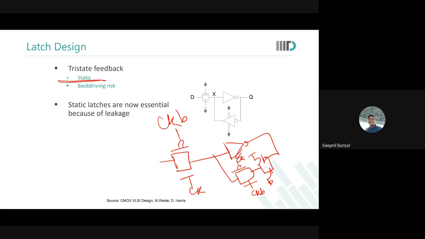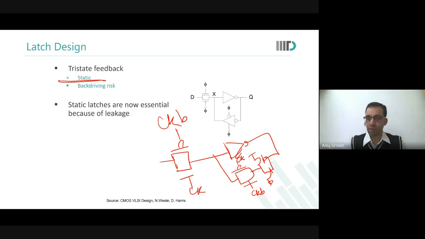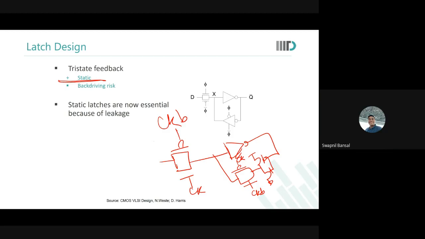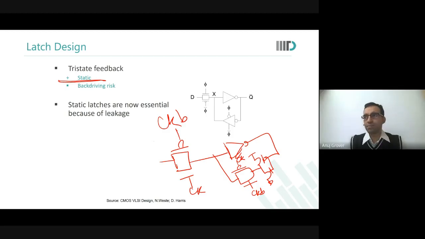You would be able to do that. So that is not a challenge. Probably the area. Area, yes, because you will see there is a slight gain in area when you go to the tri-state implementation.